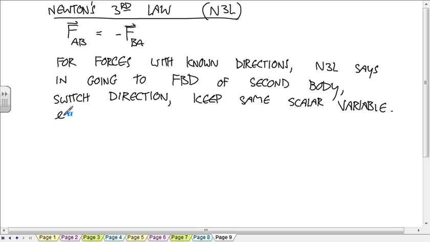So for example, if you have two boxes, and you have 100 Newton force acting on the left of this box, say you know the masses of these, let's call this 30 and, I guess, 50.